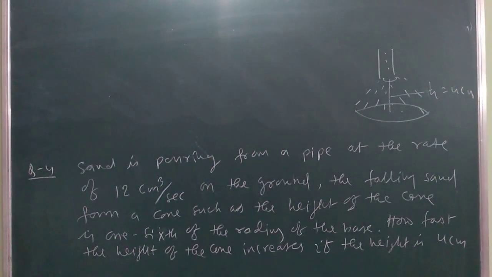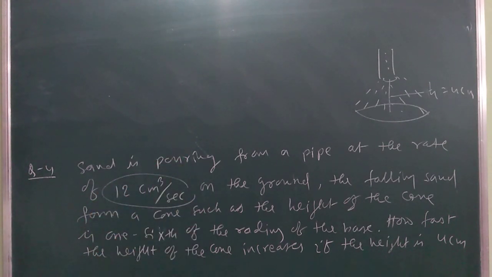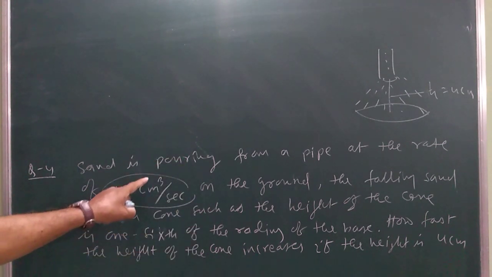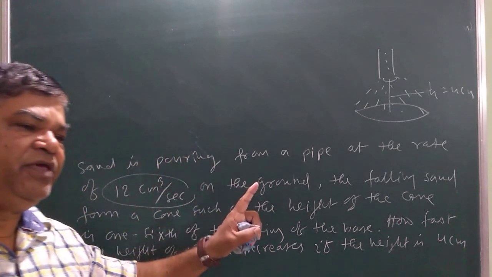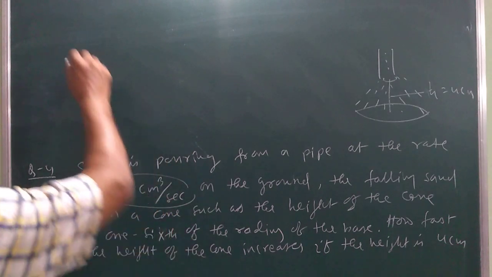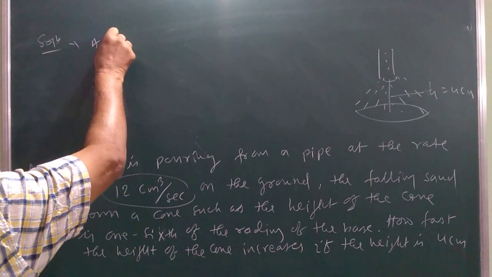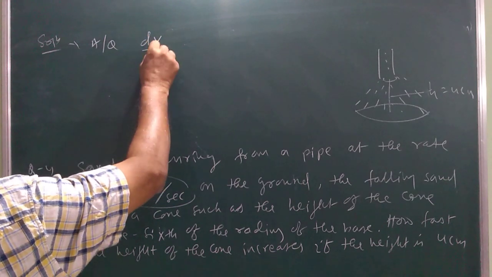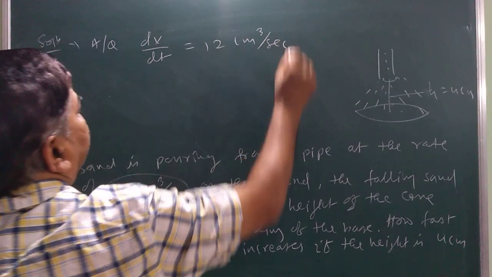And what is given here, see, this is 12 centimeter cube per second. Cube per second means the rate of change of volume is given. So here is our solution. According to the question, dV by dt is equal to 12 centimeter cube per second.